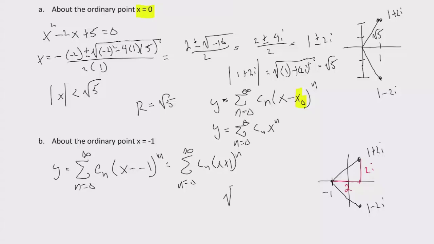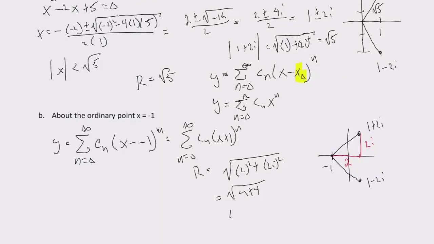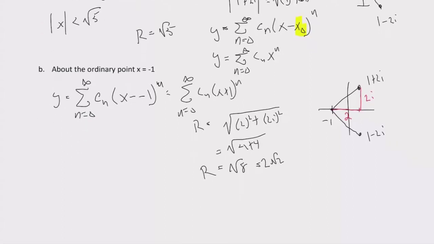So the radius would be the square root of 2 squared plus 2 squared, which is the square root of 4 plus 4, which is square root of 8, or 2 square root 2. So our power series would converge as long as the absolute value of x plus 1 was less than that radius that we solved for, so 2 square root 2.